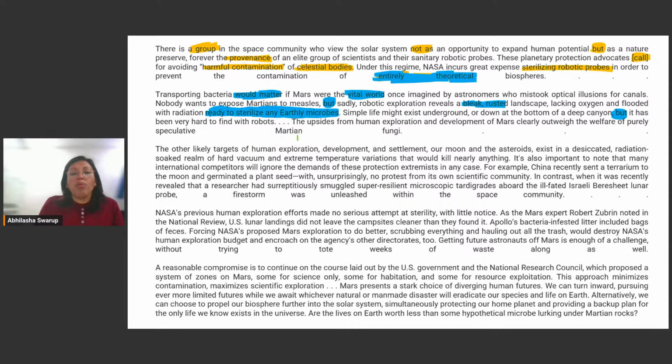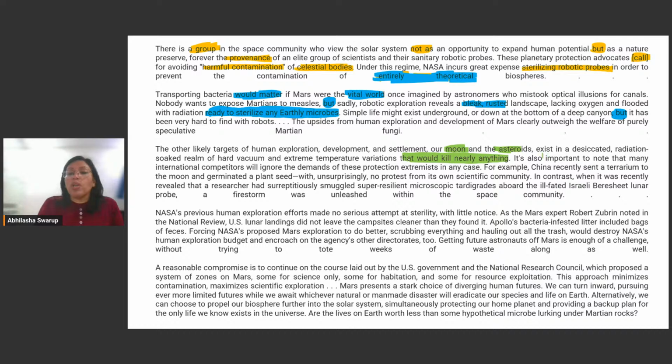There's probably no people who are going to get destroyed by or contaminated by our bacteria or virus or anything. The other likely targets of human exploration, development, and settlement, the Moon and the asteroids, exist in a desiccated, radiation soaked realm of hard vacuum and extreme temperature variations. That would kill nearly anything. So there we have no fear. We send a virus, the virus will die.